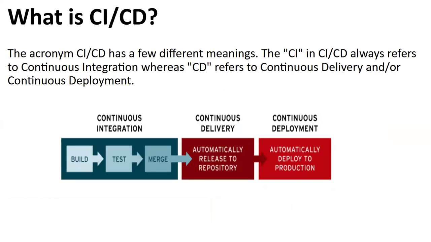So CI/CD, yeah, so what is CI/CD? The acronym CI/CD has a few different meanings. So CI in CI/CD is always referred to as continuous integration, whereas CD is referred to as either continuous delivery or continuous deployment. So you can see in the diagram here that in continuous integration, first of all, the developers build their code and then the tester tests it and then it is merged.